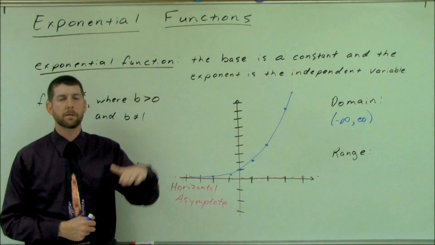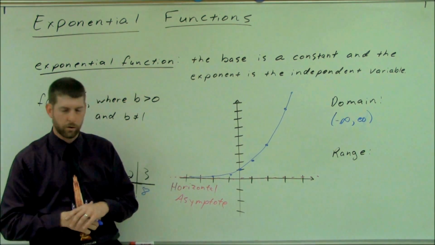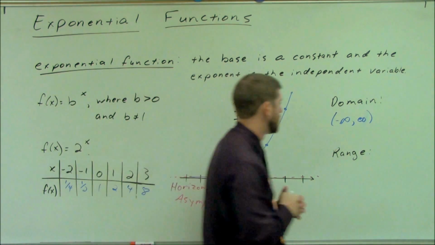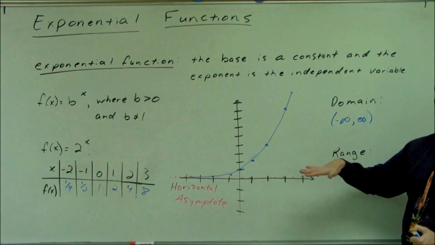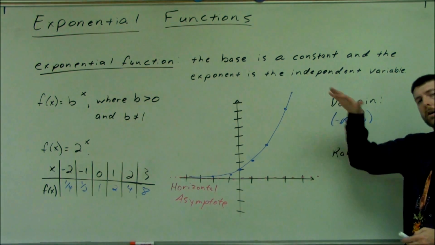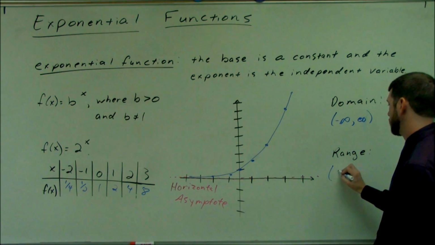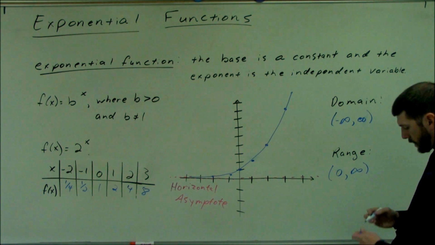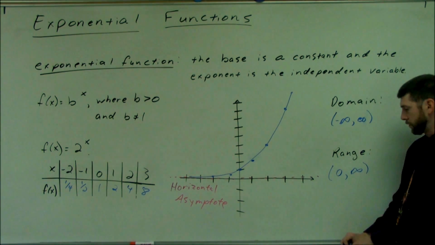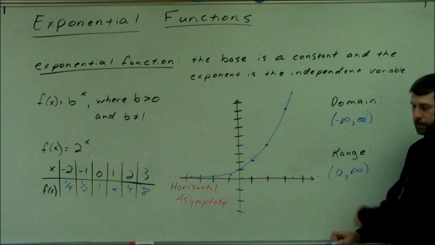That's going to give you that minimum, or as we get into transformations, maximum if we were to do a vertical reflection on this problem. But so the range is really from that horizontal asymptote, that's our minimum, on up. So in this specific case, we can say the range is from 0 on up. Now again, remember our interval notation, we can't ever actually equal 0, so that's why we don't put the bracket on 0.